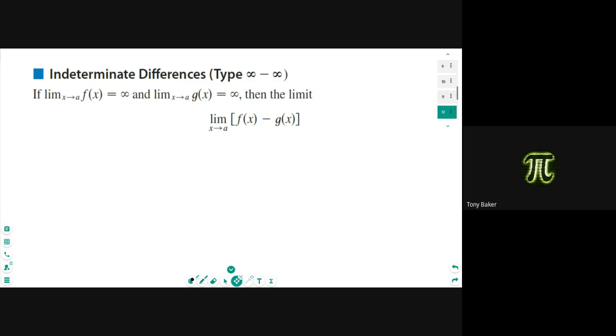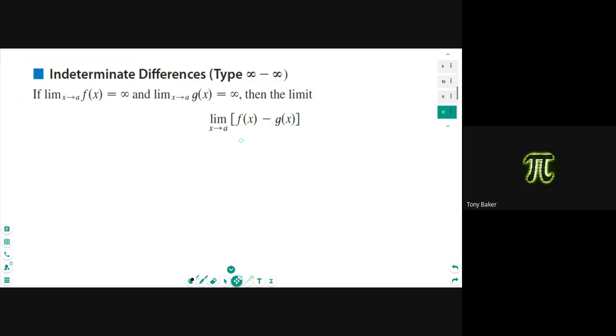Because if it's infinity minus a large number, that's still infinity. But a large number minus infinity would be 0. So you could have different possible outcomes because of the way infinities work. This is what makes life difficult with infinities.